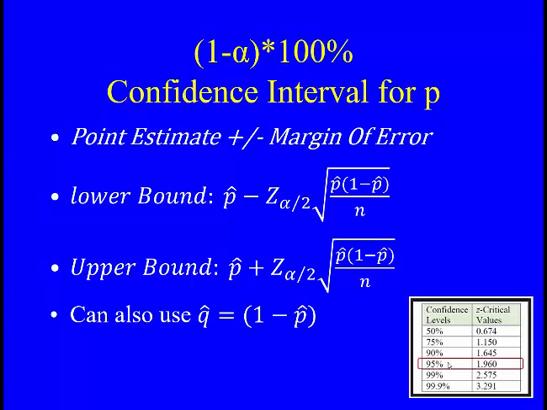If I want a 95% confidence interval, the critical value z of alpha divided by 2 is 1.960. Then you multiply that by the square root of p hat times 1 minus p hat, divided by the sample size. It's the same thing for the upper bound. In some of my slides, you'll notice I have p hat times q hat. I just write q hat as 1 minus p hat instead of rewriting it. But this is a basic formula to plug and chug through.